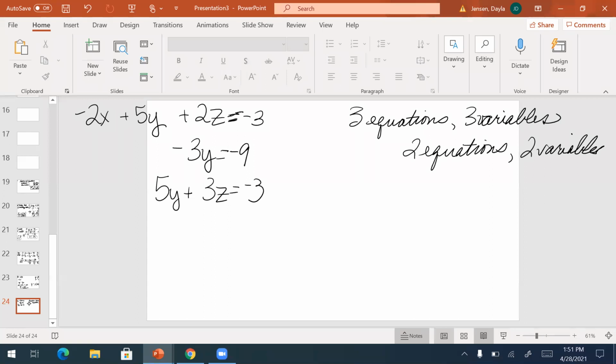Then I'm going to use substitution and/or elimination to get 1 equation with 1 variable. And after I've got 1 equation with 1 variable, I can solve for that variable.